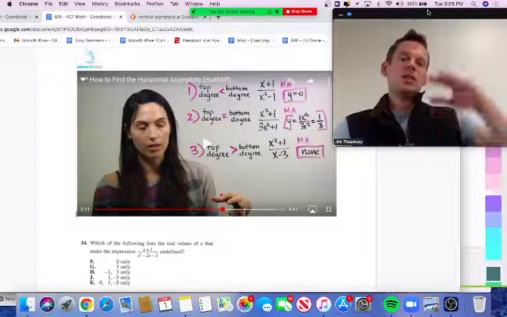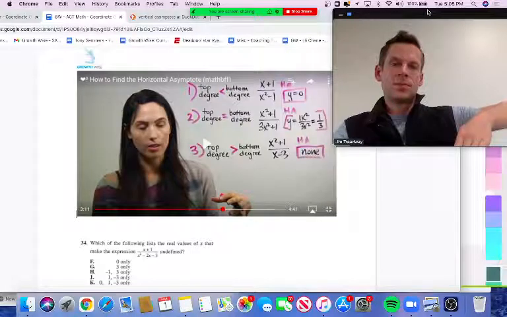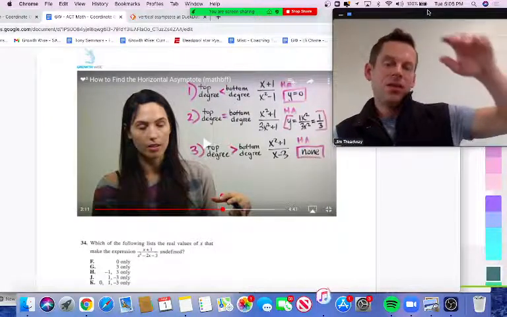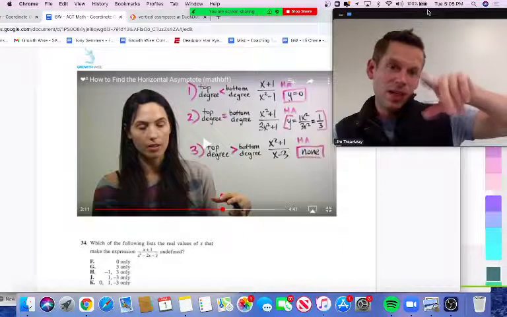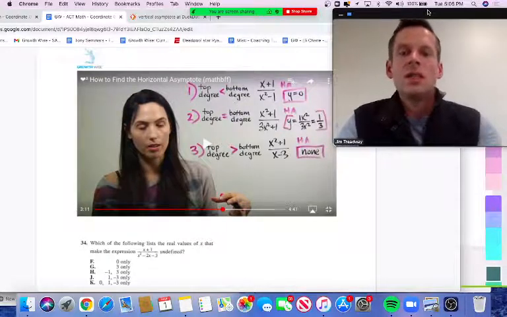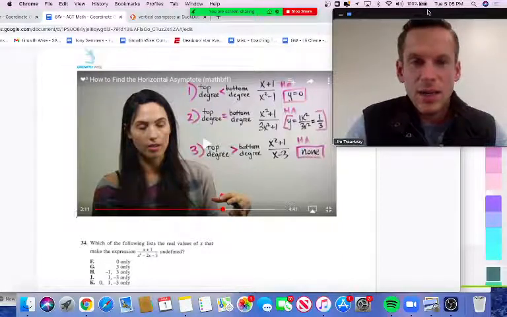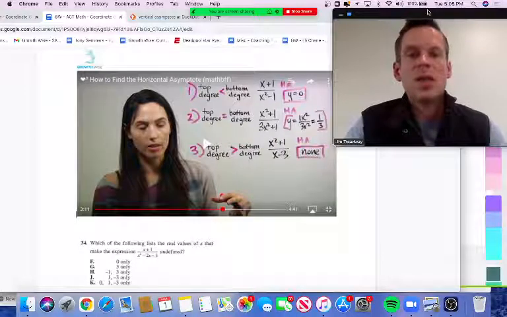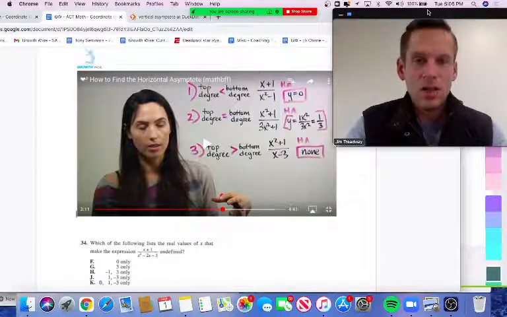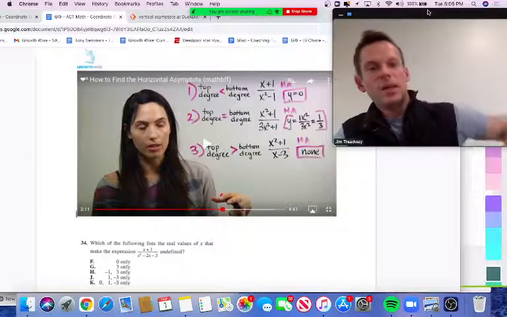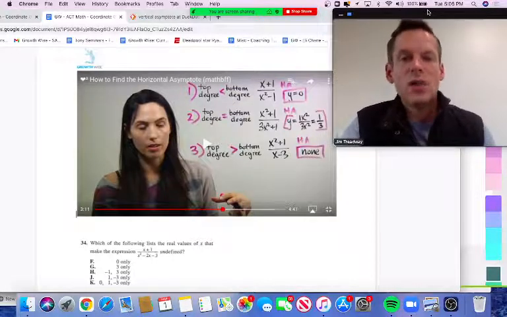If the biggest degree in each of them are equal to each other, you basically take the fraction created by the coefficients of just those terms that have the largest degree. You'll see in her example, number 2, it's x squared over 3x squared. The coefficients there are 1 and 3. It's 1/3. You will have a horizontal asymptote at y equals 1/3 in that particular function.